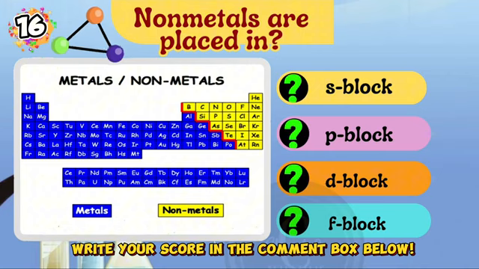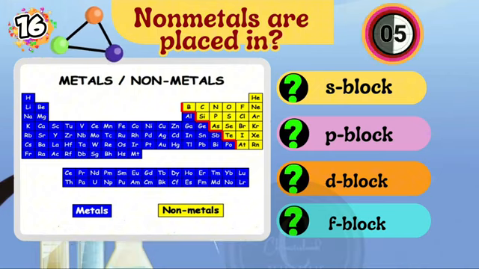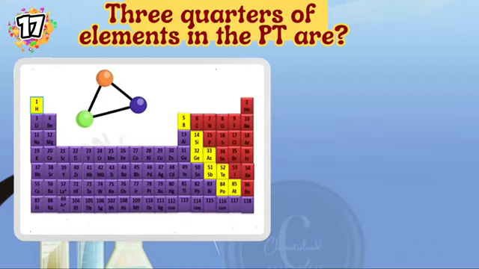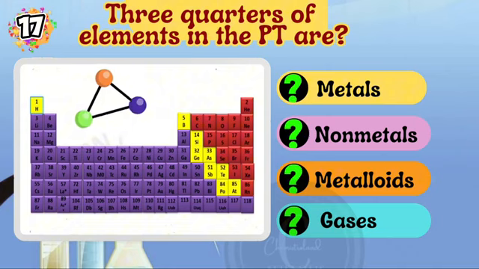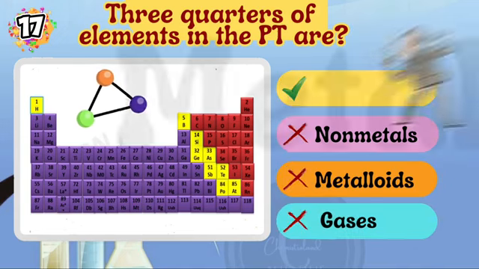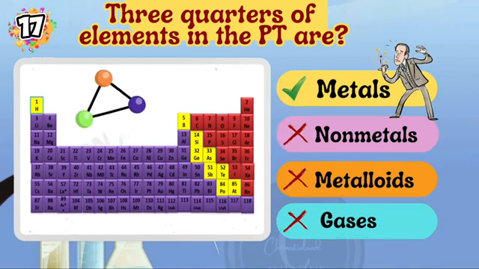In the periodic table, nonmetals are placed in... P block. 3/4 of elements in the periodic table are... metals are the 3/4 of the elements.